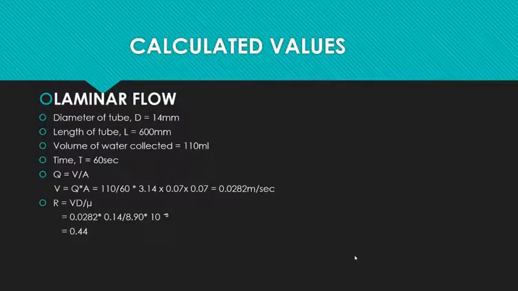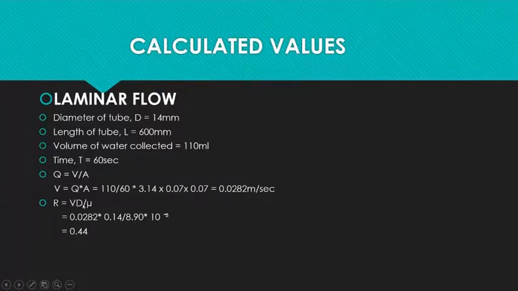And now we will cross-check the observed conditions by using the mathematical formula. First of all, for laminar flow, here we use the formula Reynolds number equal to Vd over mu. First we note the diameter of the tube used, the length of the tube, the volume of the water collected, that is basically the discharge, and the time taken.